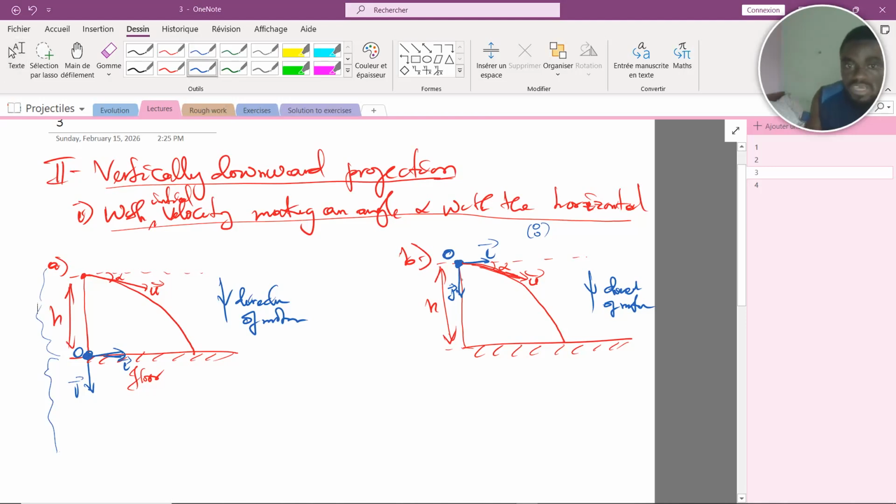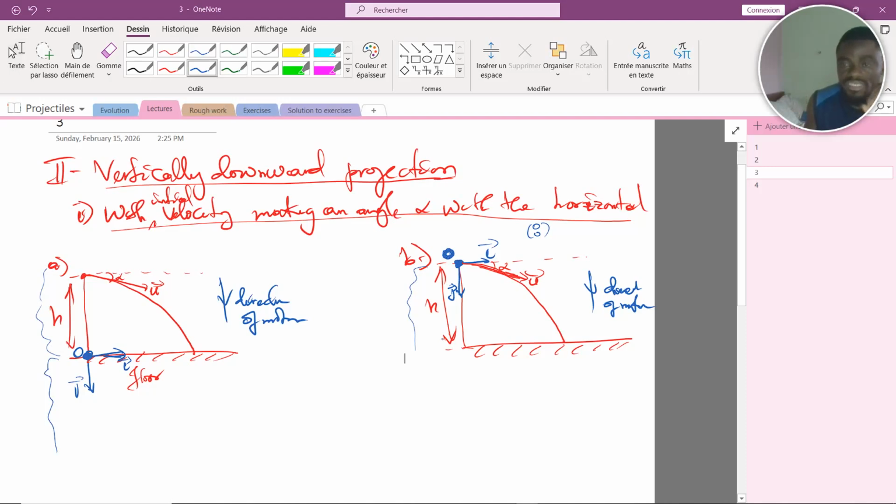Is that okay? If we are here, this is our origin of reference. Any distance like this will be considered positive, and any distance upward like this will be considered negative, because this is the origin and J is downward. Is that okay? Take note of this.